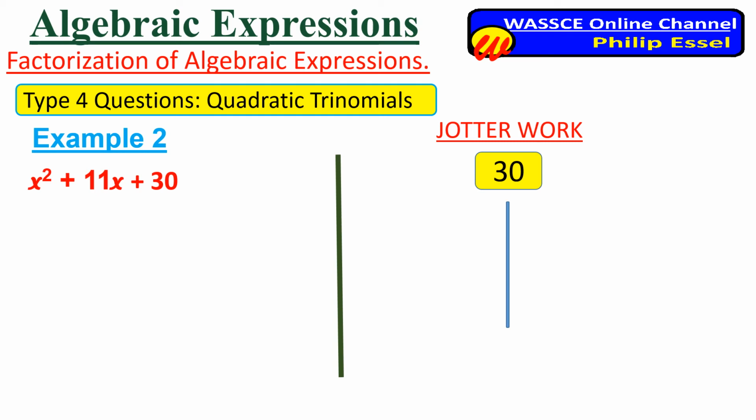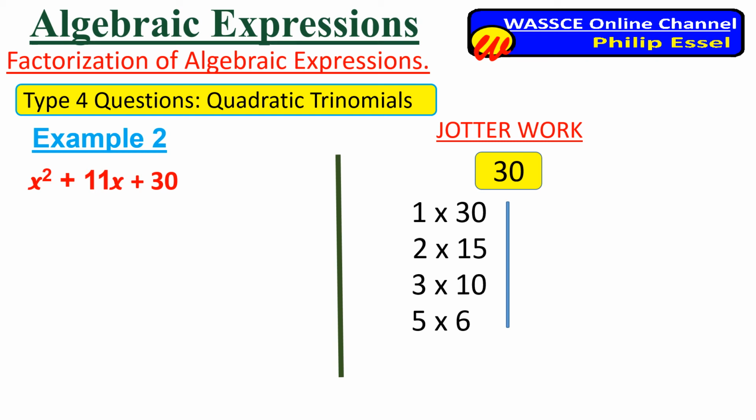Next, we are going to look for two numbers or two sets of numbers which when multiplied to each other would give us the number 30. First, the number 1 times 30 is 30. Next, the number 2 times 15 is also 30. Next, the number 3 times 10 is also 30. Next, the number 5 times 6 would give us 30.